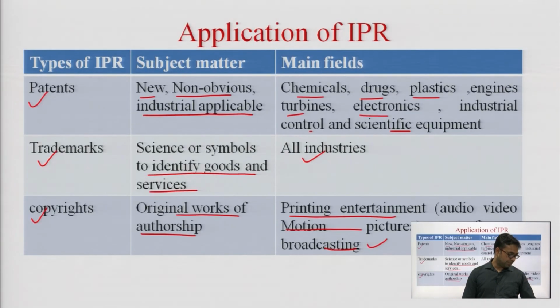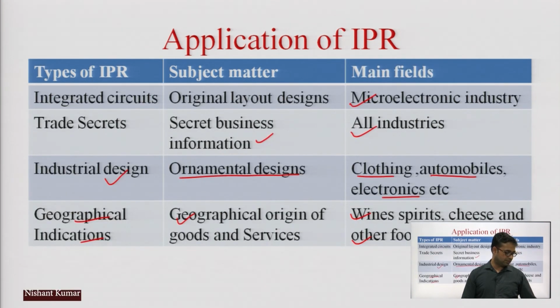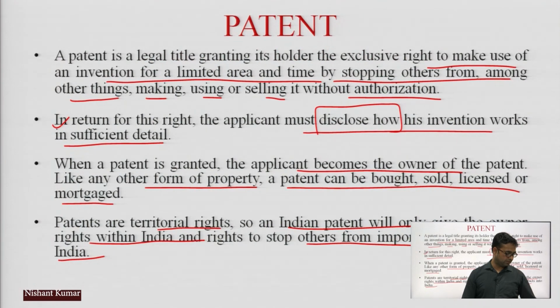To know IPR, you should know what patents are, then what trademarks are, copyrights, and you should be able to differentiate them. We have covered the patents part now, and in later classes we will see in more detail about trademarks, copyrights, integrated circuits, trade secrets, industrial design and other parts.